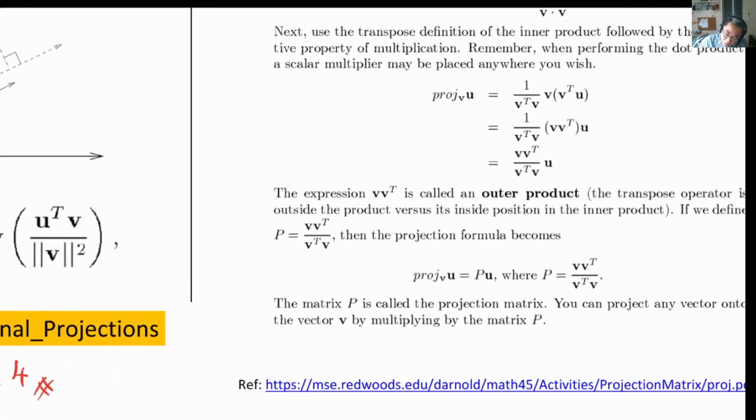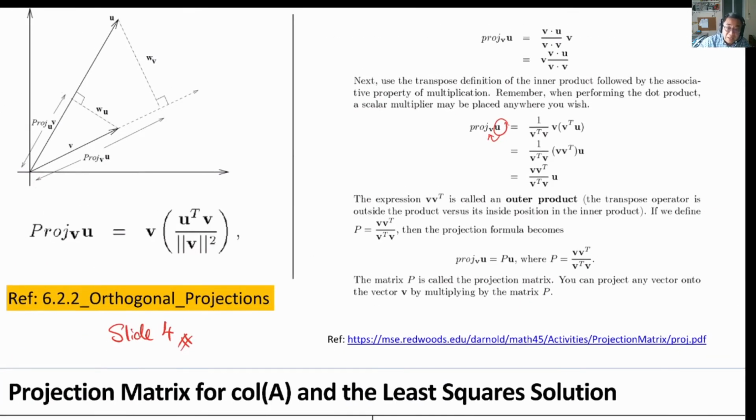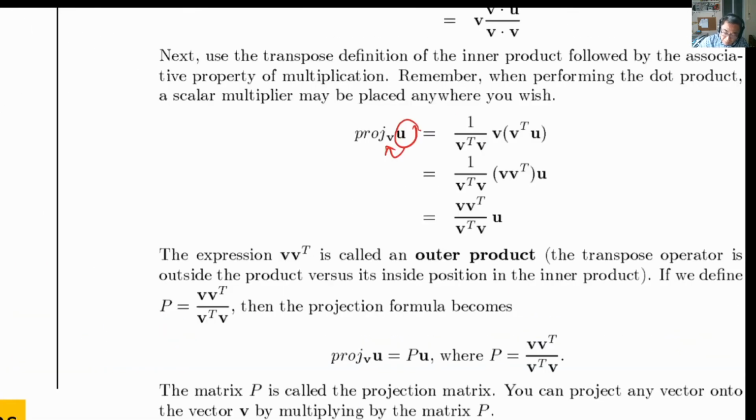What is new now is this interpretation. Projecting a vector u onto the space of V can be thought of as multiplying an n by n matrix on a column vector u, which is n by 1.